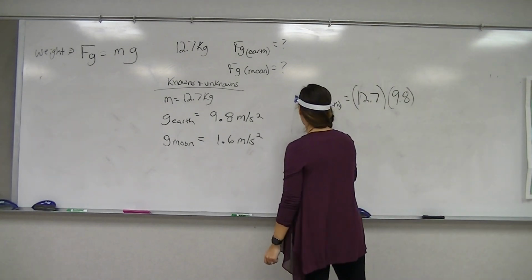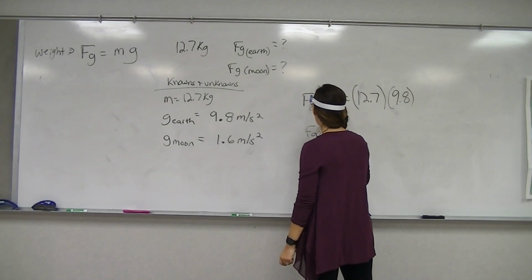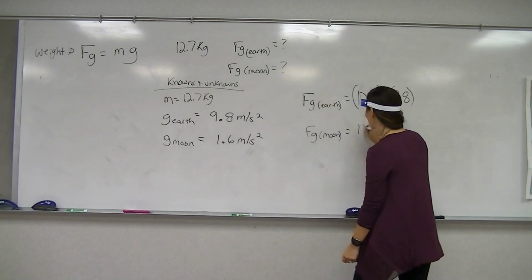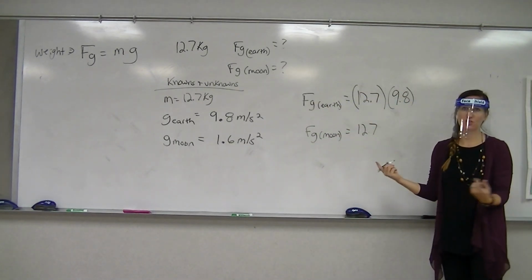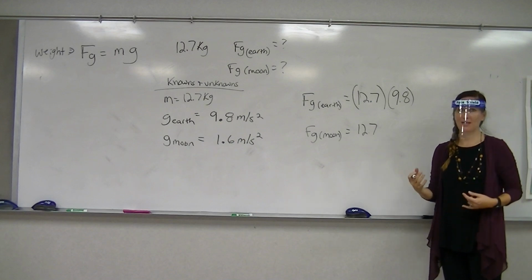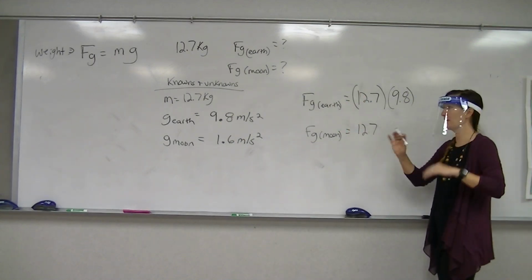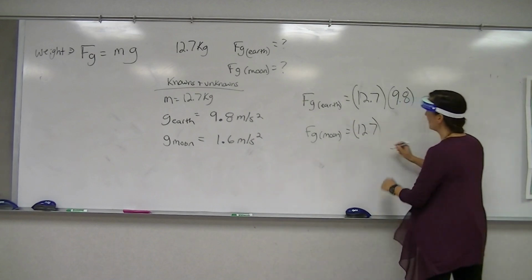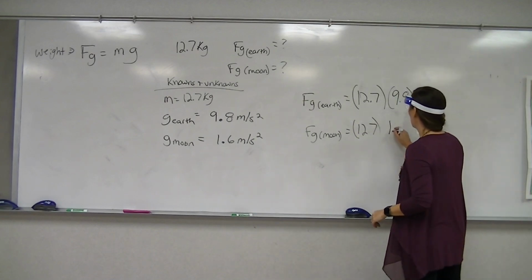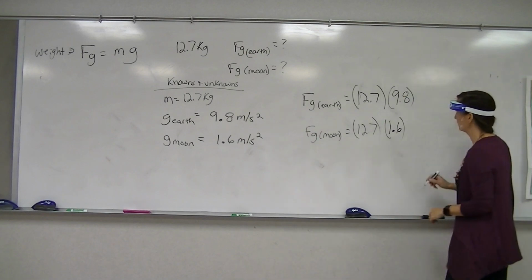For the weight, or F of g on the moon, we're taking the same mass, because mass doesn't change just because you go somewhere new. The mass is going to remain constant. You're still made up of the same material. Parts of you don't fall off when you go from one place to the next. What does change is the gravity, and that's going to be 1.6 on the moon.